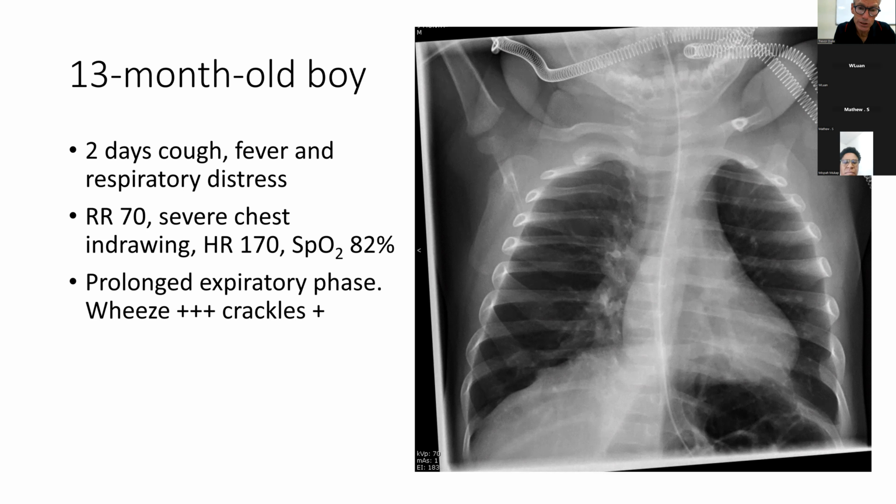When you look at the child's chest X-ray, what do you see? That's right, hyperinflated lung fields. The diaphragms look flat, don't they? Normally the diaphragms are domed, but they're actually looking flat. What else is it about the lung fields that you can see?